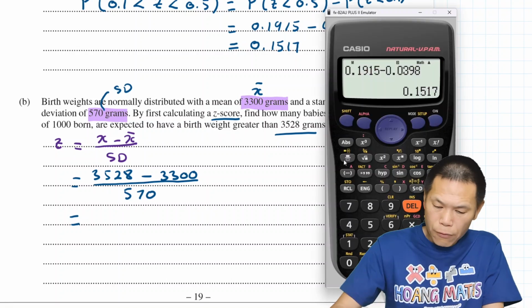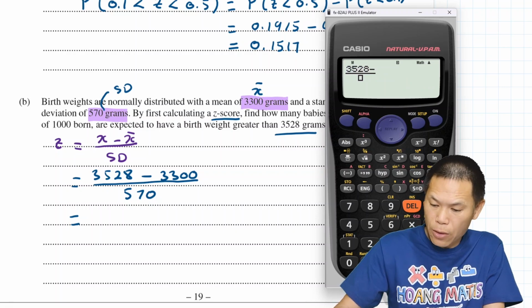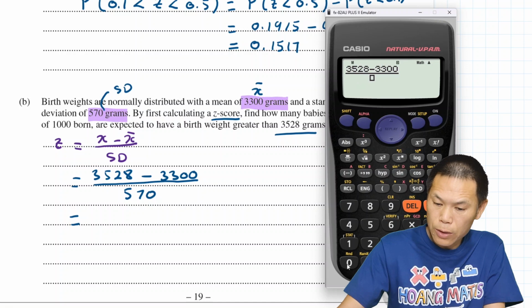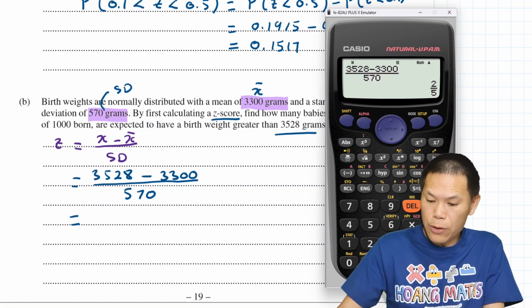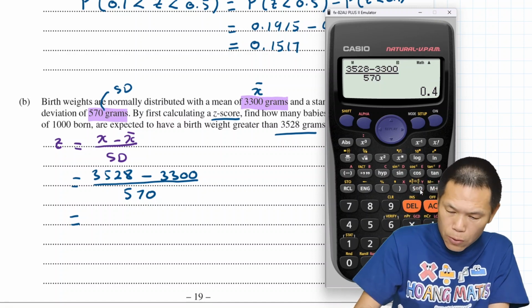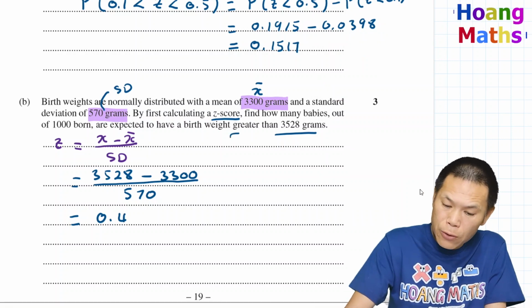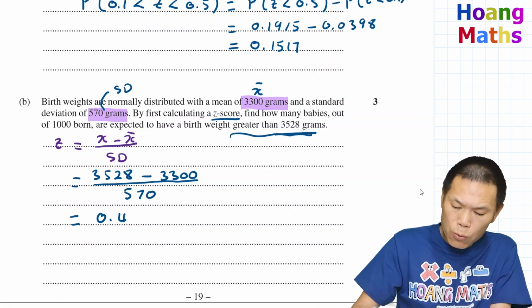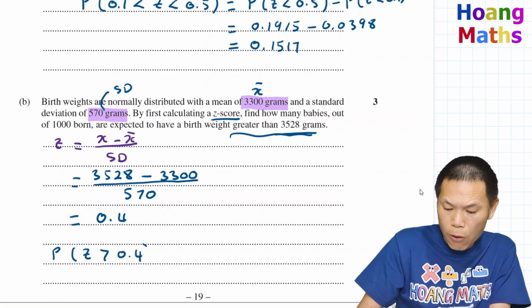That gives me the fraction 3,528 minus 3,300, and then over the SD. So there you go, 0.4. So the z-score is 0.4 and we have to be greater than this. In other words, we need to find the probability that z is greater than 0.4.